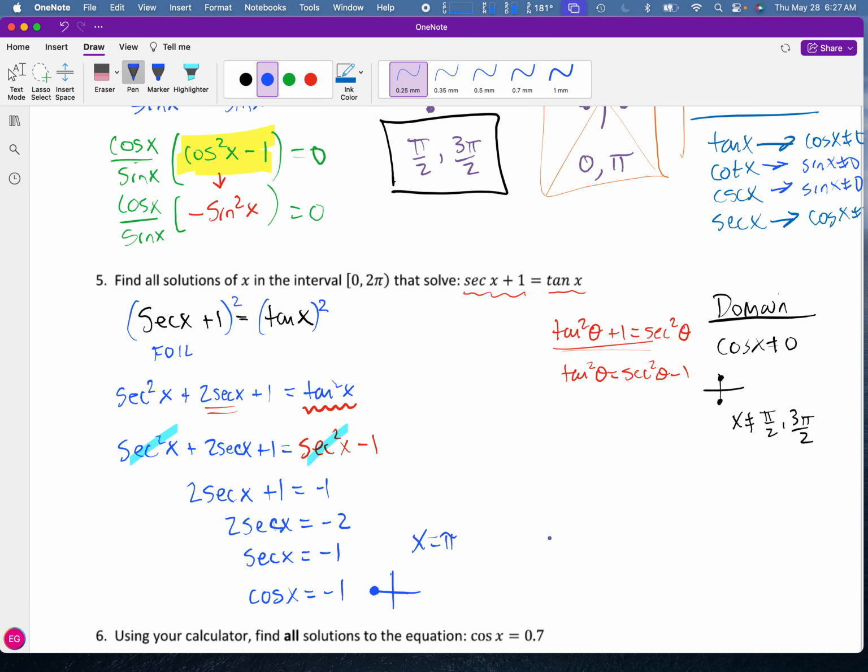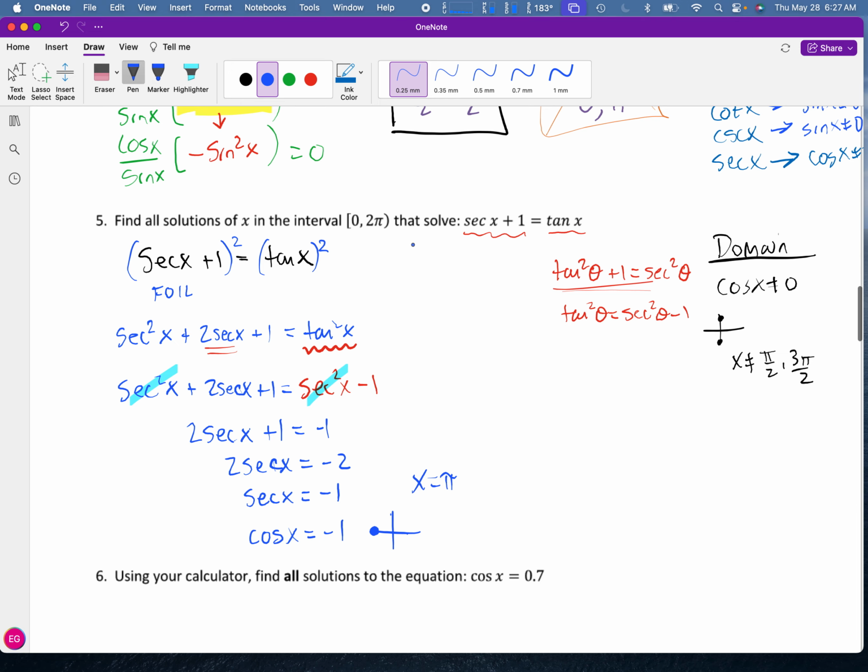But we have to think about some other things here, which is a little annoying, but it happens sometimes. So first I'm just going to check against my domain. Pi is not in my domain restrictions, so I'm not going to stress about that too much.